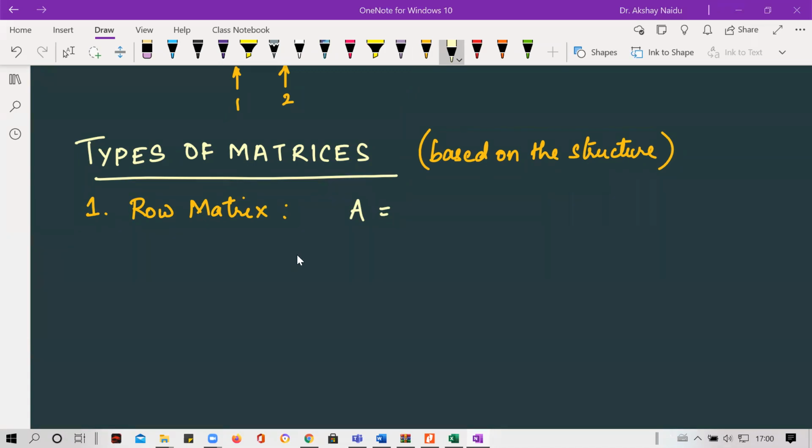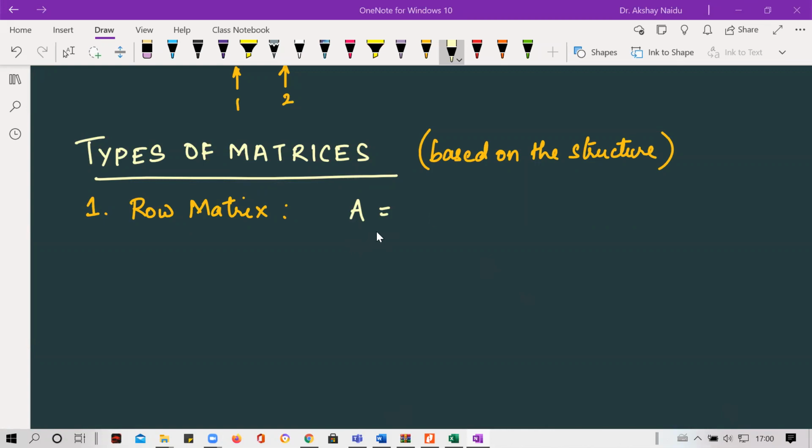You know the answers. What do you mean by a row matrix? If you are shy to answer, you can chat. Yes, row matrix means there is only one row.